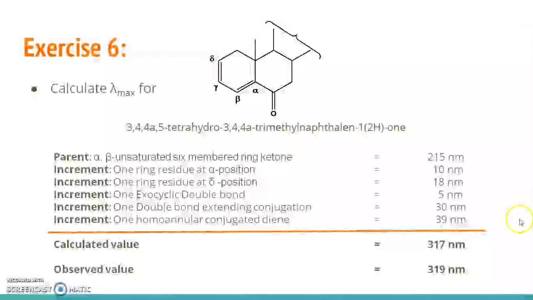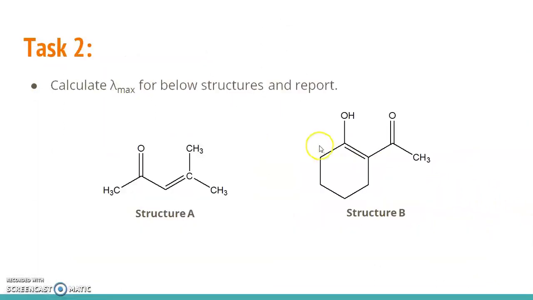With this exercise 6, we have the next task, where I am expecting you to calculate the absorption maxima for this particular structure A and this particular structure B, and I request you to submit the report for both.